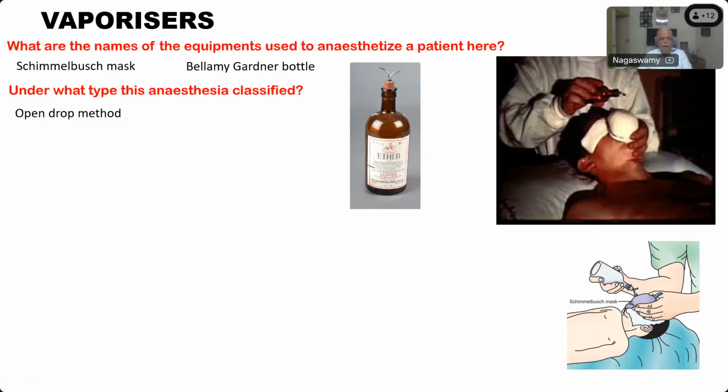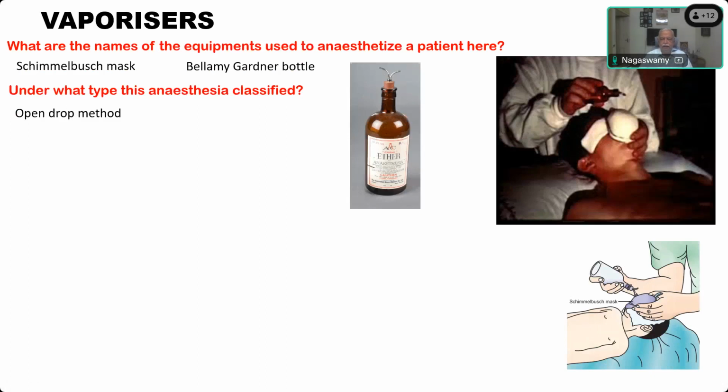Because the patient is open to the atmosphere. Okay, open. This is an anesthesia breathing technique or system where the patient is open to the atmosphere. He is breathing from the atmosphere. We are not supplying any fresh gases to him using a machine like what you do nowadays with oxygen, air or oxygen and nitrous oxide. We are not supplying anything from the machine.